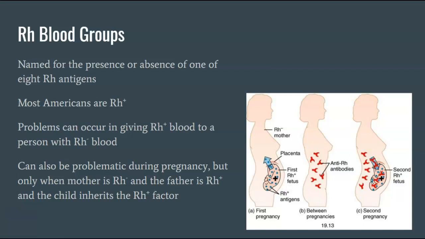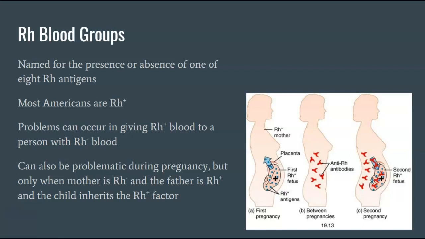That's my blood type. But what's interesting is problems can actually occur, especially during pregnancy, if a mother is negative for the Rh factor, but the father is Rh positive.